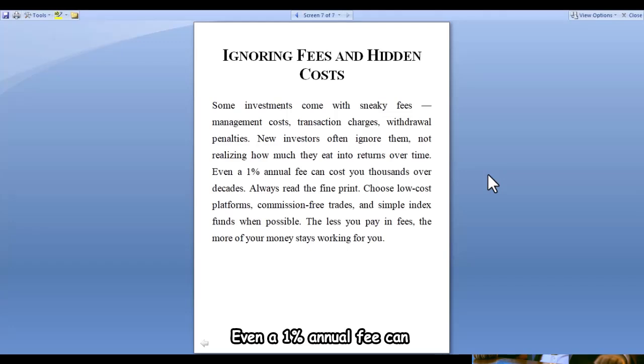Even a 1% annual fee can cost you thousands over decades. So always read the fine print. Choose low-cost platforms, commission-free trades, and simple index funds when possible. The less you pay in fees, the more of your money stays working for you.